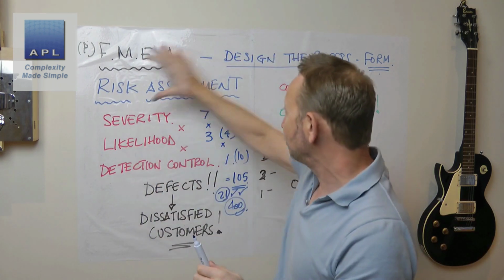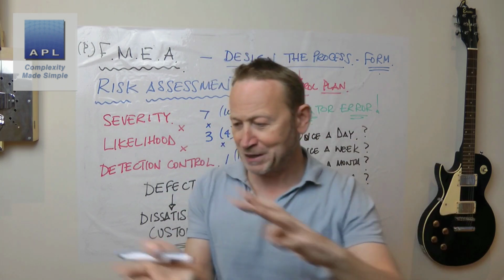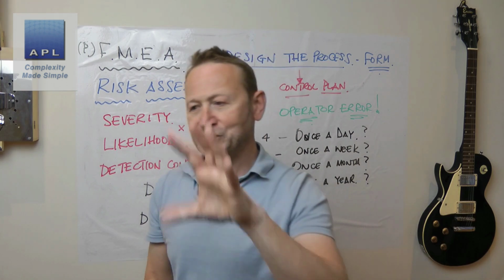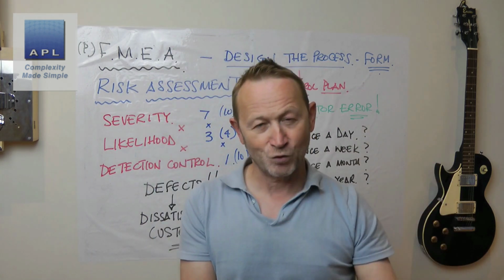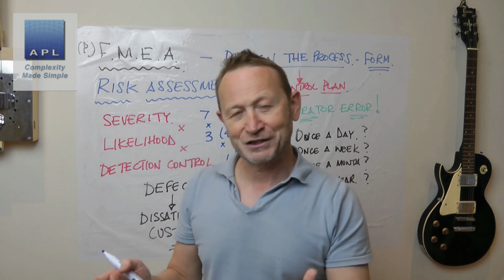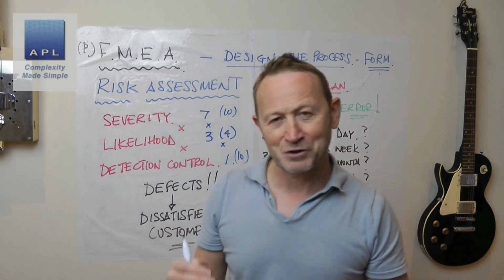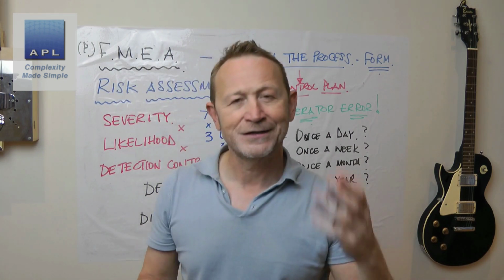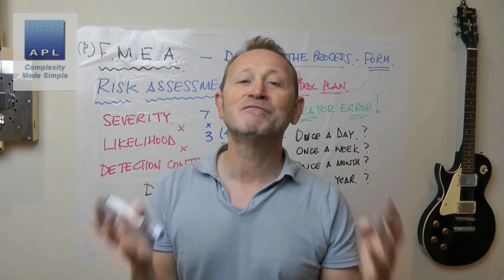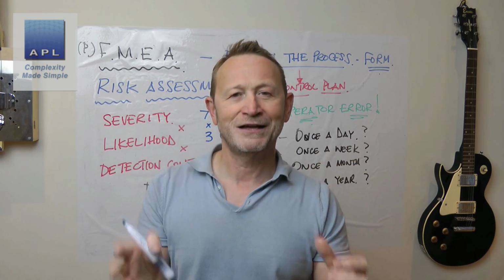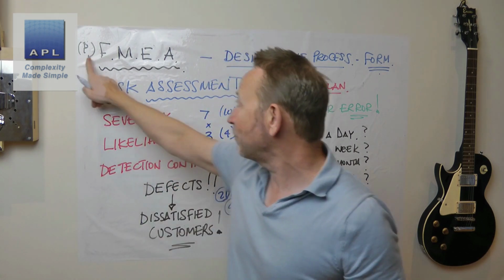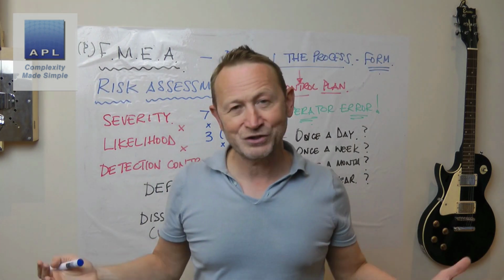And now I will design the process with the FMEA for the drying process. I will design the process with password protection for all the programs on the moulding machine, etc. And then when I go live, this thing is going to go live, bang, defect free, making piles and piles of money from day one. And that is the proper way to do an FMEA. That's what FMEAs are for, to design processes into.